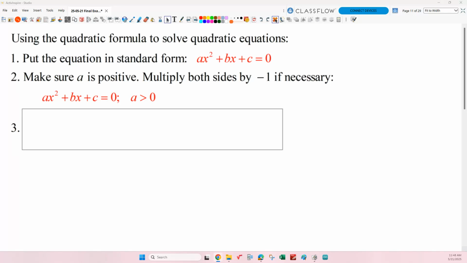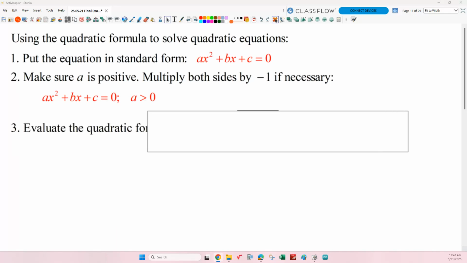Okay, how we feel about that? It's an additional step that can be helpful, but it's not needed. Okay? So after it is in that form, what do I do? Yep, plug it in. And what's the equation again?